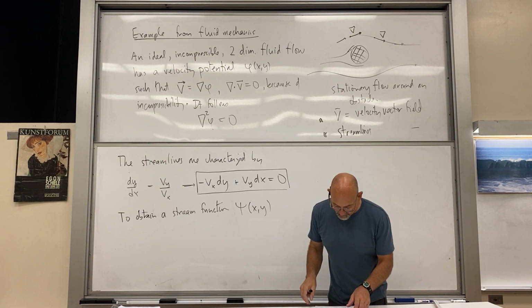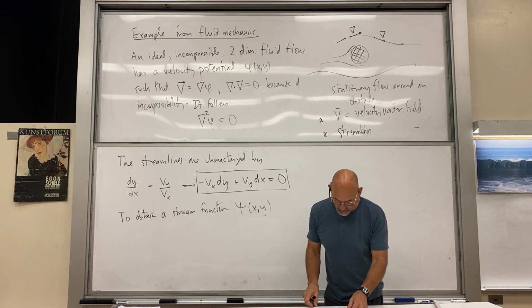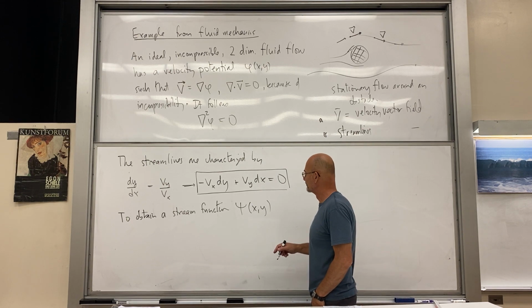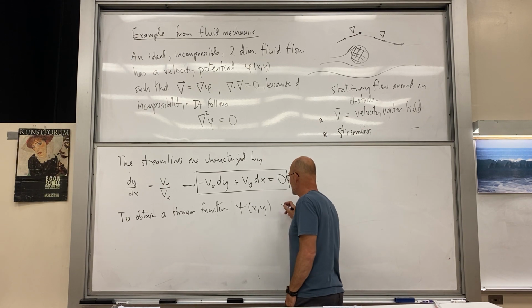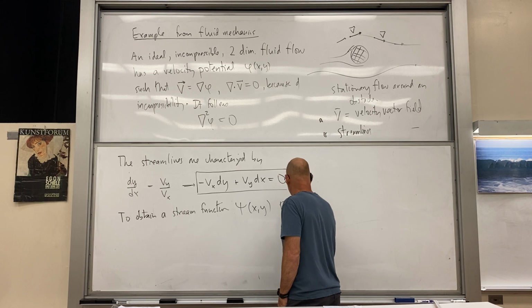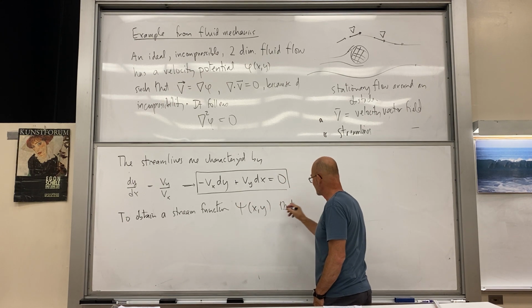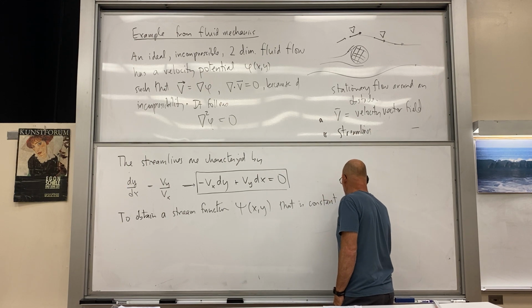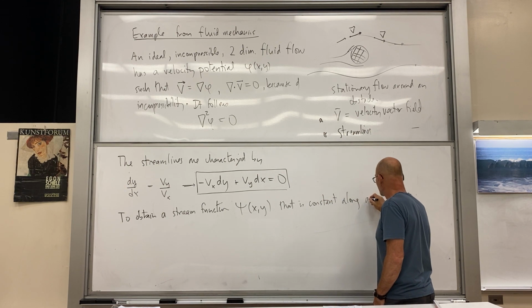So I'm going to write that down that way. So to obtain a stream function that is constant along a streamline, we can just construct that.